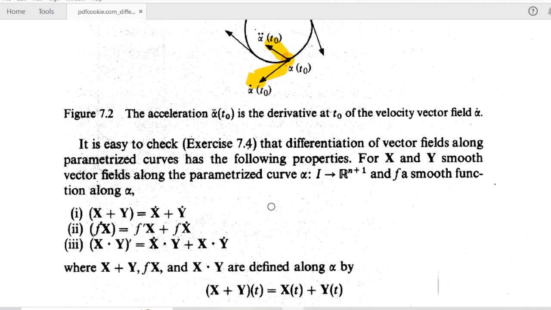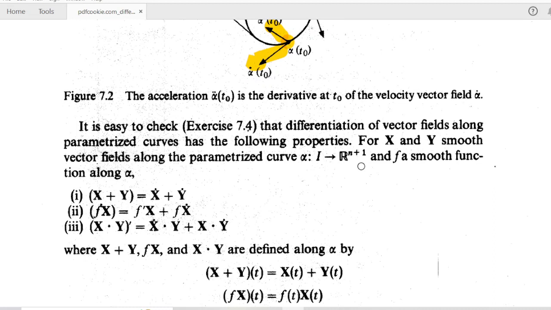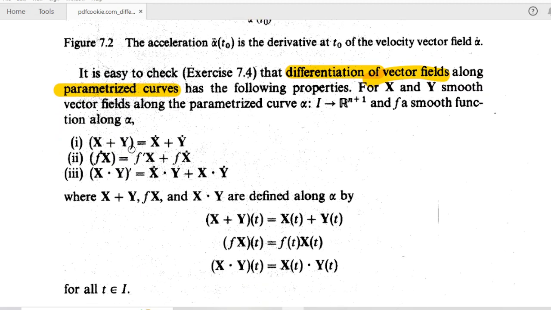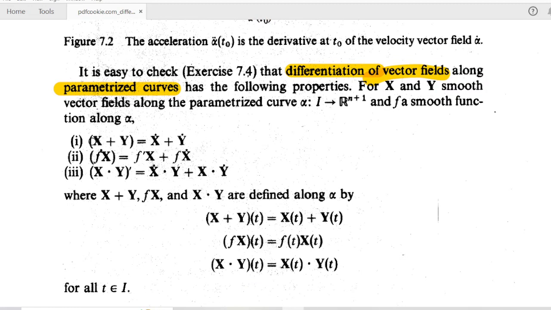Now we are going to see the algebra of vector fields, that is, the differentiation of vector fields along a parameterized curve alpha. The properties of the differentiation of a vector field are the following. The first property is x bar plus y bar the whole dot is x bar dot plus y bar dot.